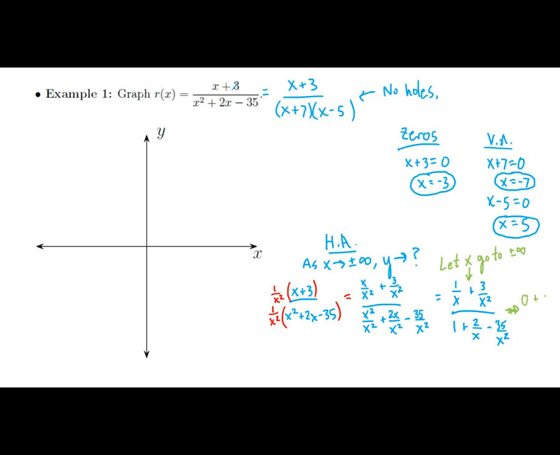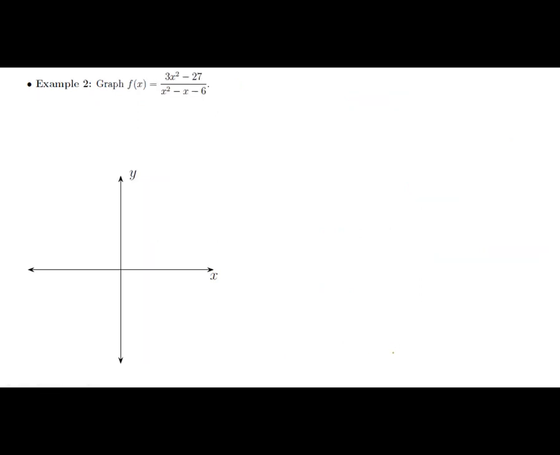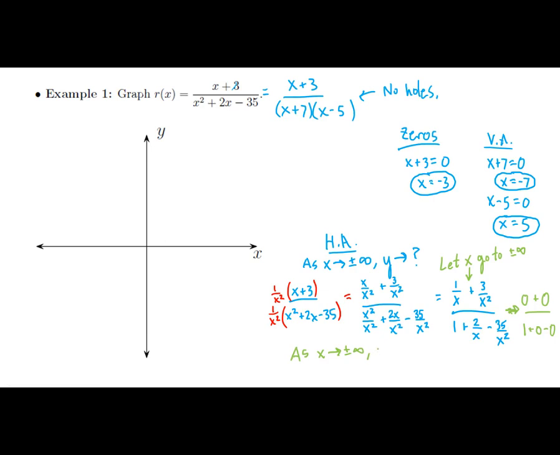The second term's going to go to 0. The 1 is going to stay left alone. This term's going to go to 0. And this term's going to go to 0. And so what that all tells me is that as x goes to plus or minus infinity, y has to go to 0.